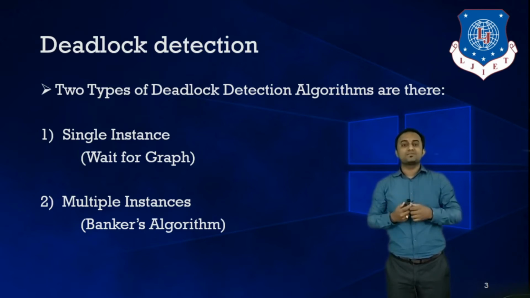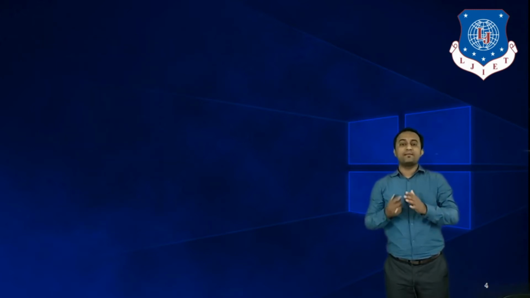So let us discuss the wait for graph and resource allocation graph with the help of one example, and how we can identify whether the deadlock has occurred in the system or not.